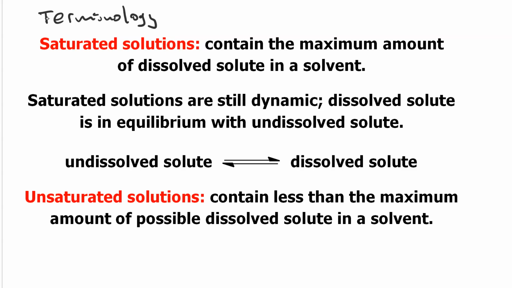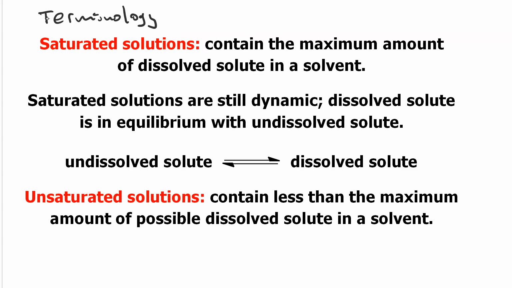You can't get any more solute to dissolve at that temperature. Saturated solutions are in dynamic equilibrium. You know a solution is saturated when you've added enough solute that no amount of stirring causes all of the solute to dissolve. But what you'll have is an equilibrium between dissolution and recrystallization.